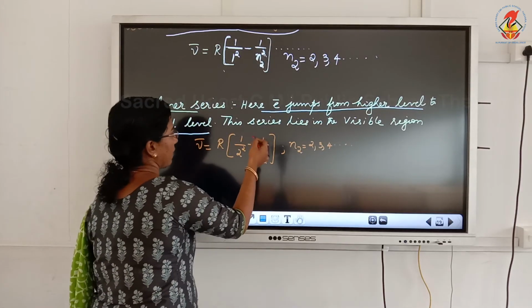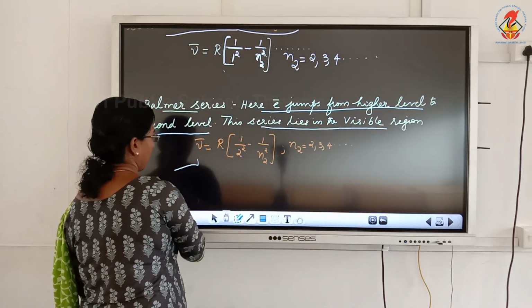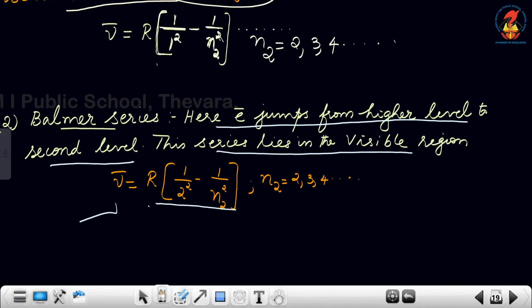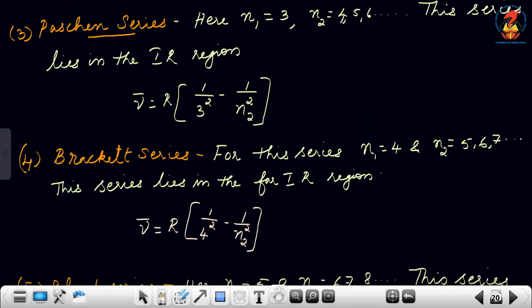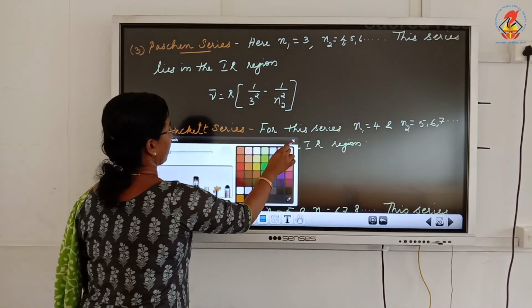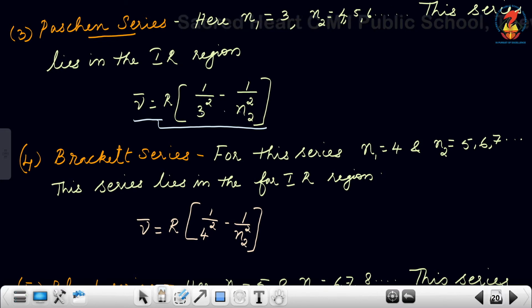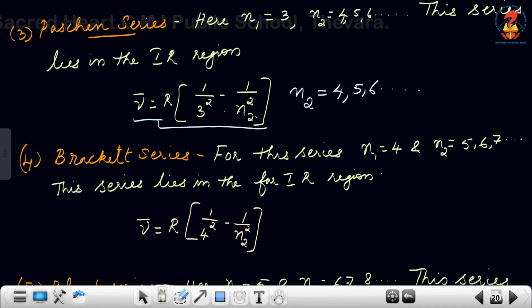This series will be seen as visible light, and we obtain the equation as nu bar is equal to R into 1 by 2 square minus 1 by n2 square, where n2 is equal to 3, 4, 5, etc. Similarly, if an electron jumps from the higher levels to the third level, then we have the Paschen series, and the equation for it is nu bar is equal to R into 1 by 3 square minus 1 by n2 square, where n2 is 4, 5, 6, etc.